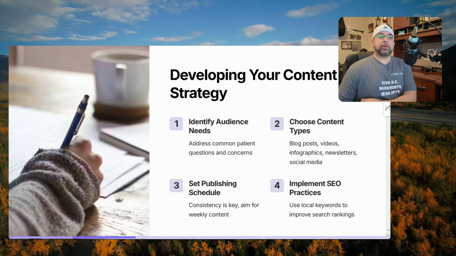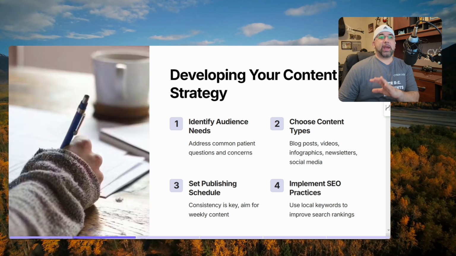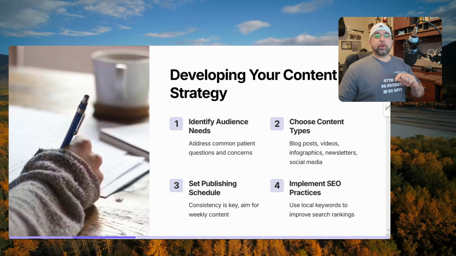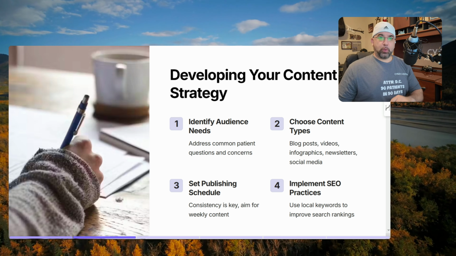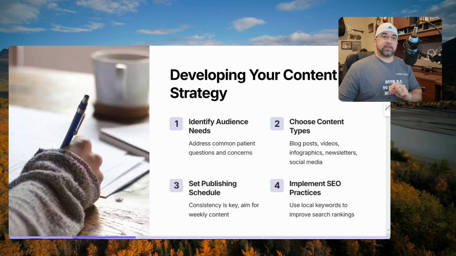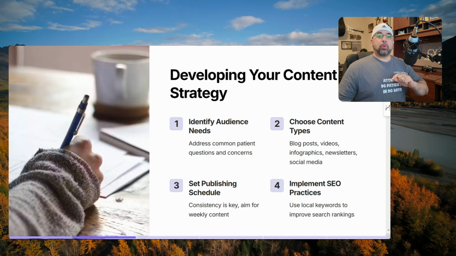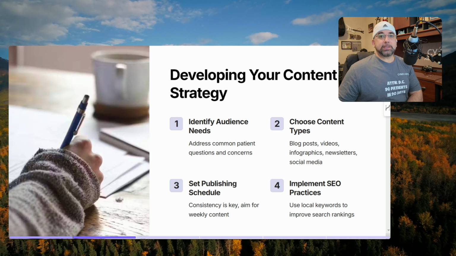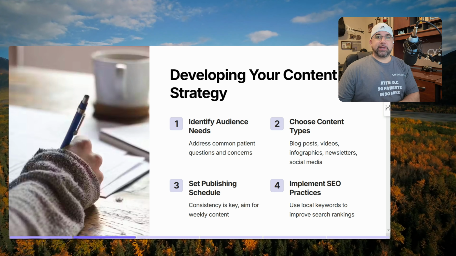Okay, and then lastly, what we're going to talk about here is your SEO best practices. So, when creating content for your website, you want to use search engine optimization. That's what SEO stands for. You want to use SEO strategies to ensure that your content ranks well in search engines.